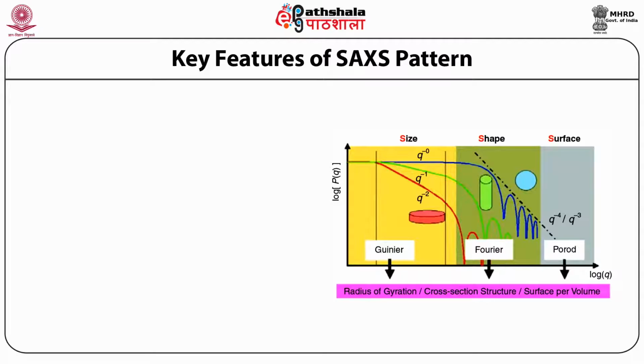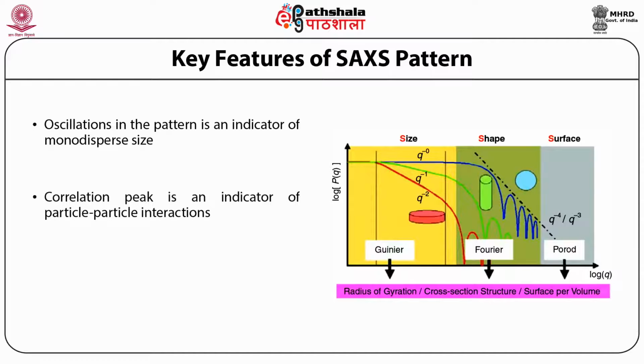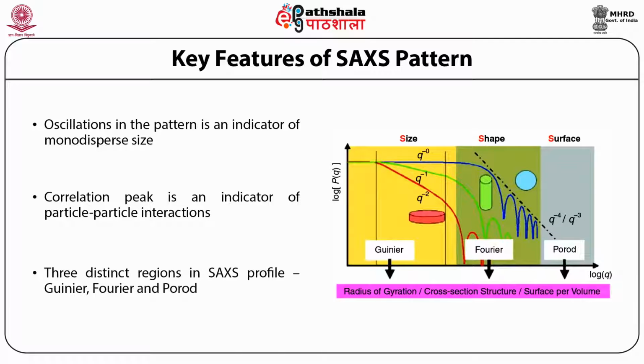From the scattering curve, it is possible to obtain several parameters. The oscillations in the pattern are a very good indicator of monodisperse size, and the correlation peak is an indicator of particle interactions. The small angle X-ray scattering profile has three important regions, or one can say three distinct regions, from which information may be extracted.